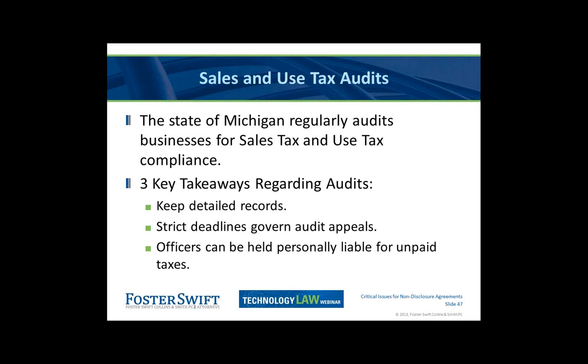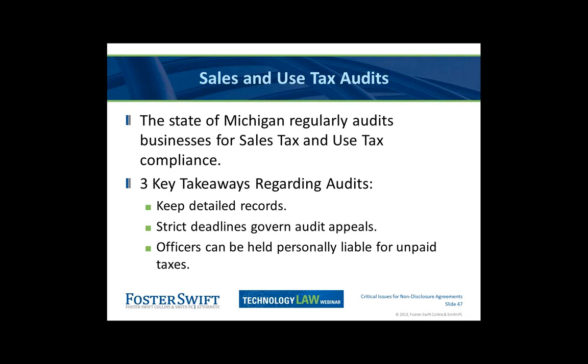I could go through here and run through them, but let me just point out a couple key points. When you get the preliminary audit determination letter after the audit's done, and if you're going to challenge it, contact an attorney who is knowledgeable in sales and use tax requirements and audits, because there's time limits that begin to run around that period. So generally you have 60 days to request what's called an informal conference.